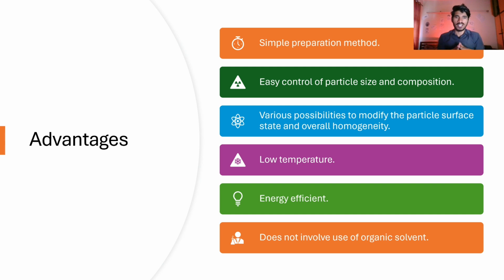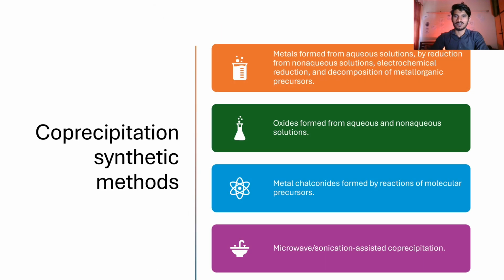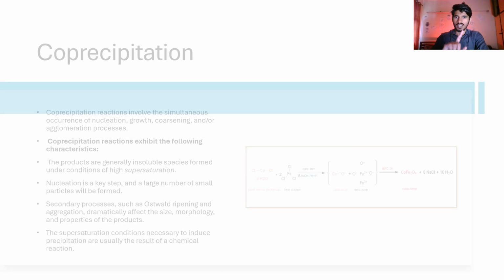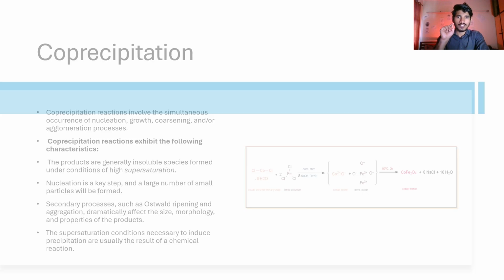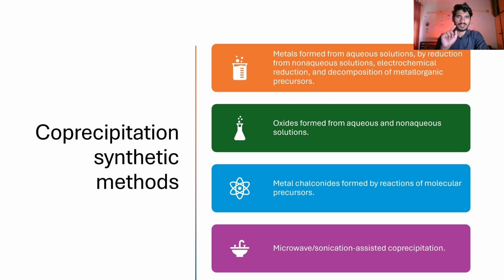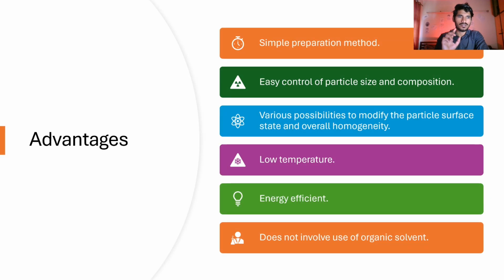As you know, the morphology and all of these things depend on the secondary processes of Ostwald ripening and aggregation, which dramatically affect the size, morphology, and properties of the product, as I've just told you in this slide. So you can control the particle surface state and overall homogeneity.